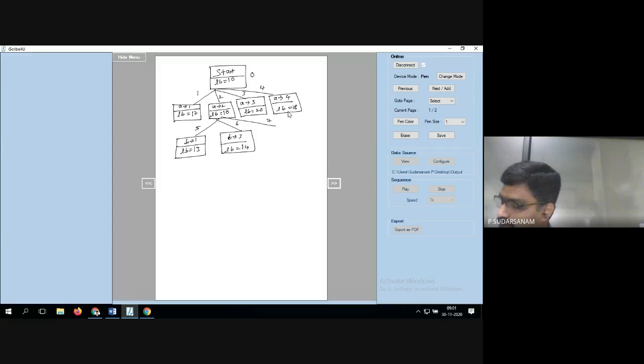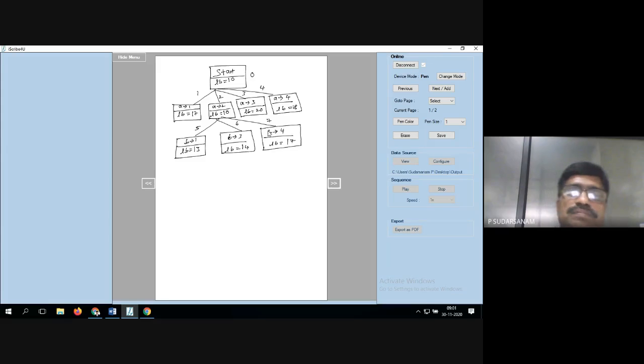The seventh one, B is equal to 4, lower bound is equal to 17. Now, which is the minimum? Which is the minimum? Pawan.